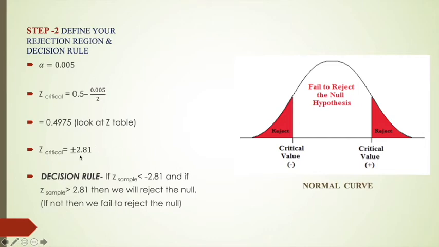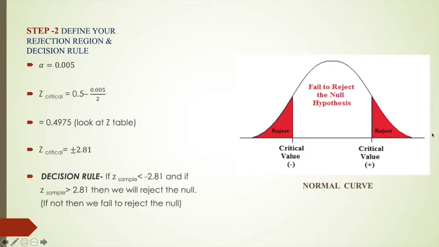Now we will state our decision rule. The decision rule determines whether we accept the null hypothesis or we reject it. You can see this is a perfect example of a two-tailed test, so a two-tailed curve. As you can see, there are two tails.